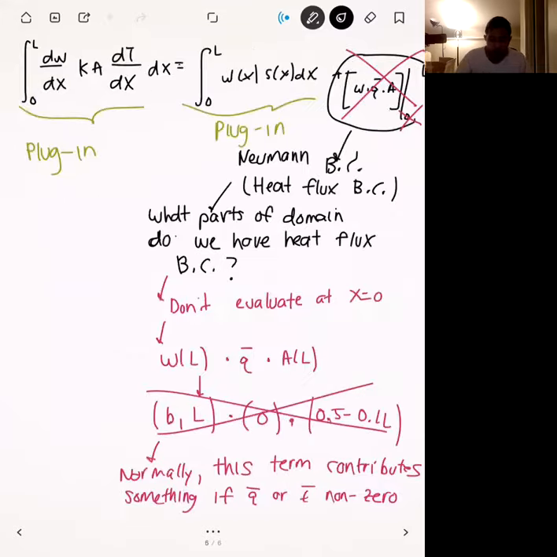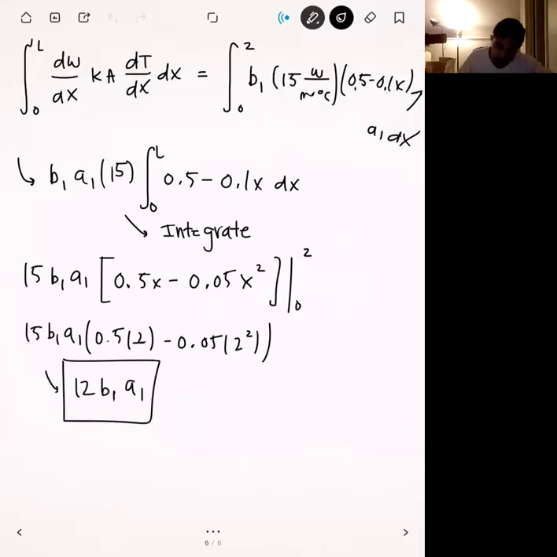Now let's evaluate the second integral, which is the integral from 0 to L of w of x times s of x. Just like we did with the previous one, we're going to plug in for everything.